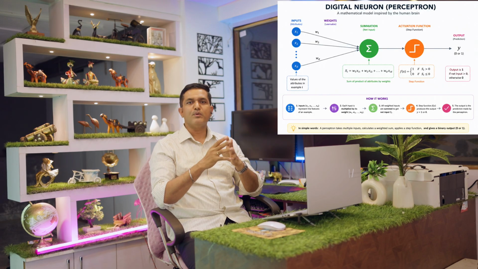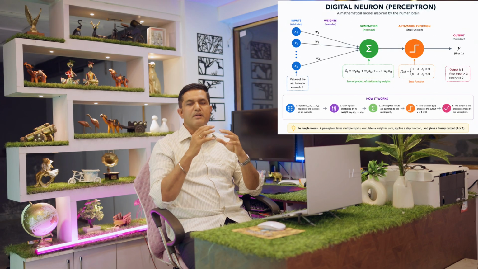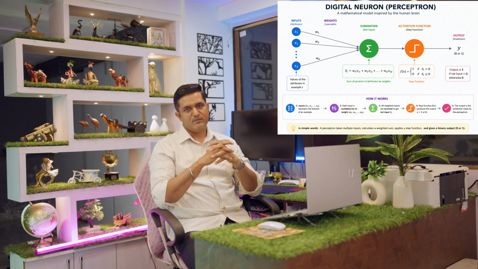A digital neuron takes multiple inputs, which are called features in AI. For example, consider a person: age, height, weight, mobile number, gender, education, and so on are the features of a person. They are given as the input to the neuron.